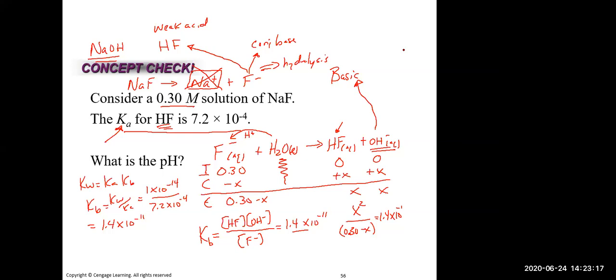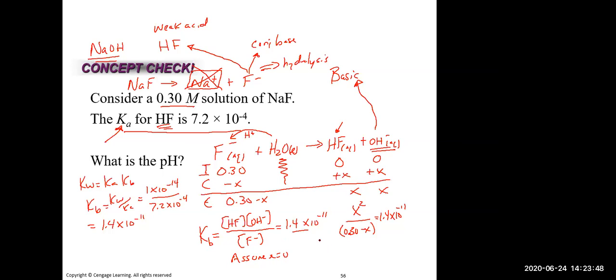All right. So 1.4 times 10 to the minus 11 here. And we can assume that x is equal to 0 in this case. Again, the K value is small, so we're going to take 0.3 times 1.4 to the minus 11, making sure we use our exponent button, and take the square root of it.